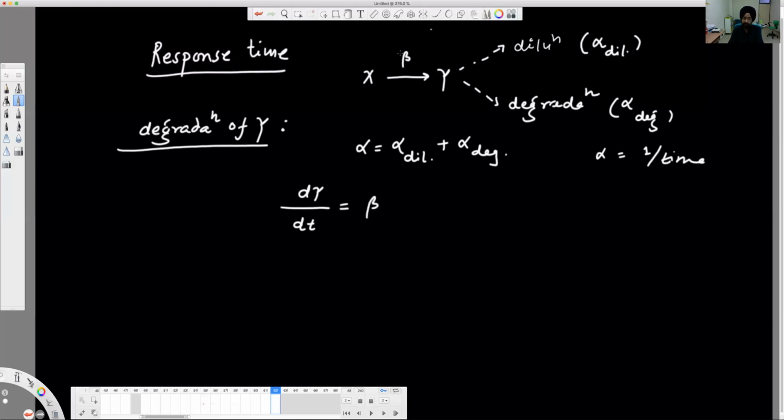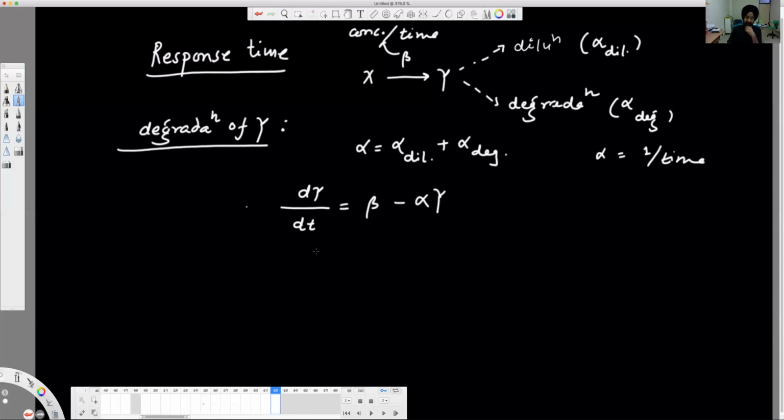Now the unit of beta is concentration, moles or whatever, per unit time. So there is a difference in the unit of beta and alpha. Beta minus alpha. So to get the correct unit of the degradation term, we need to multiply it by y. Okay, so that's the differential equation for Y.